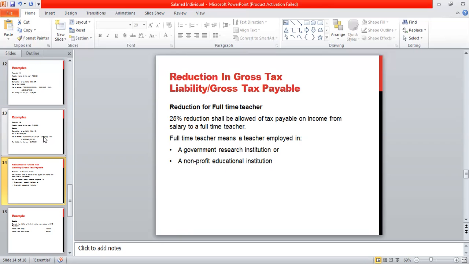Full-time teacher means a teacher employed in a government research institution or a non-profit educational institution, duly recognized by the Higher Education Commission, which is HEC, a board of education, or a university recognized by HEC.